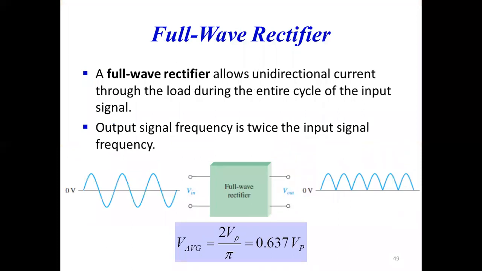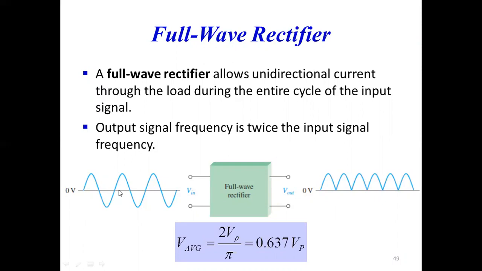Now, let us see what is a full wave rectifier. A full wave rectifier allows unidirectional current through the load during the entire cycle of the input signal. Output signal frequency is twice the input signal frequency. The meaning of this sentence is, suppose this is my input signal, then you will get output during the positive half cycle, as well as during the negative half cycle.